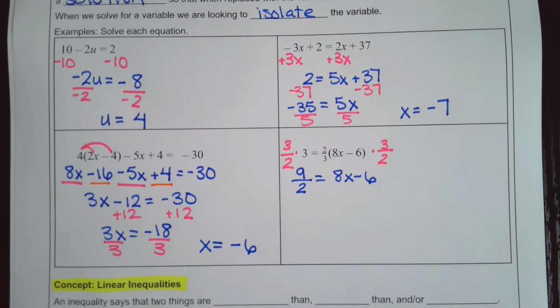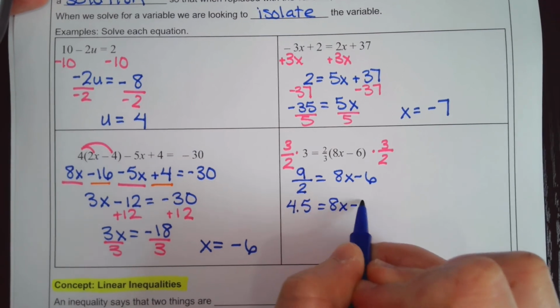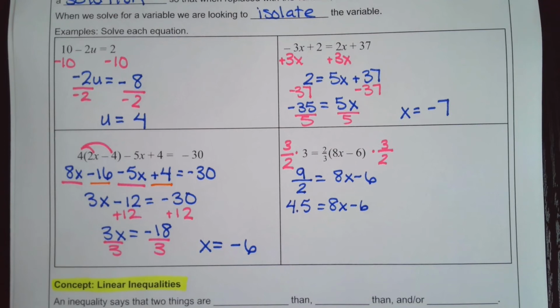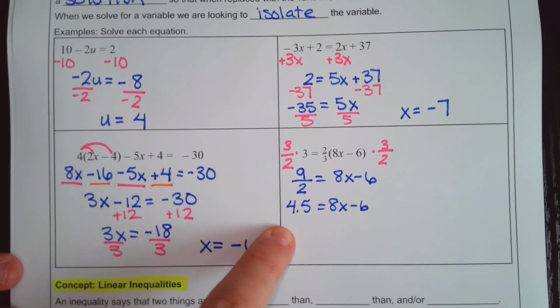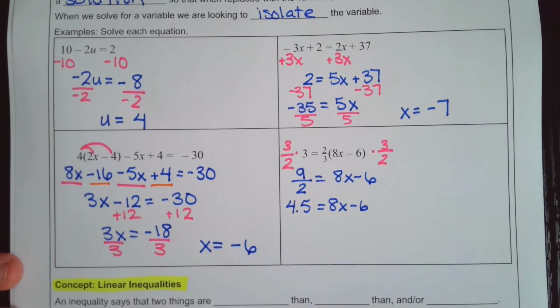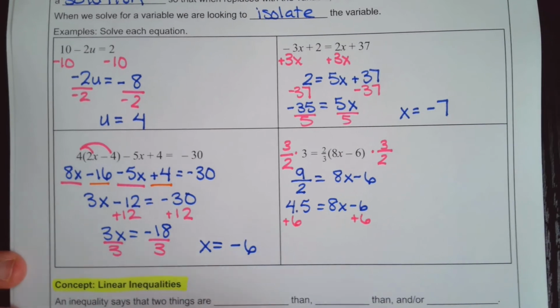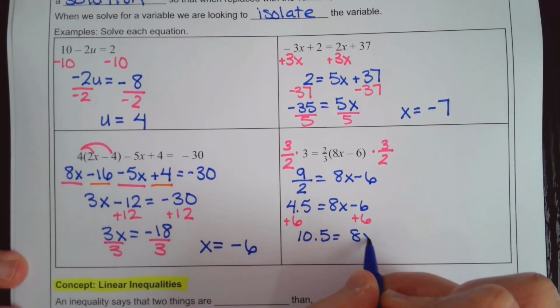Now, my advice, if you don't like working with fractions, convert the fraction to a decimal, and then at the end, convert it back into a fraction. So that's what I did here. 9 over 2 is 4.5. So now I'm going to add 6 to both sides. So 10.5 is equal to 8x.